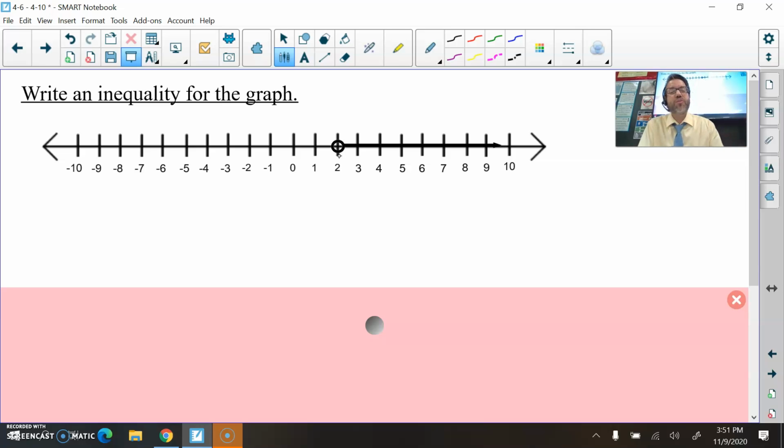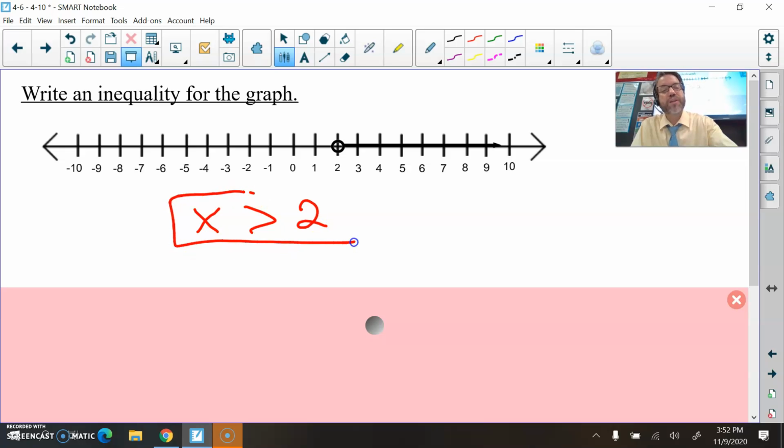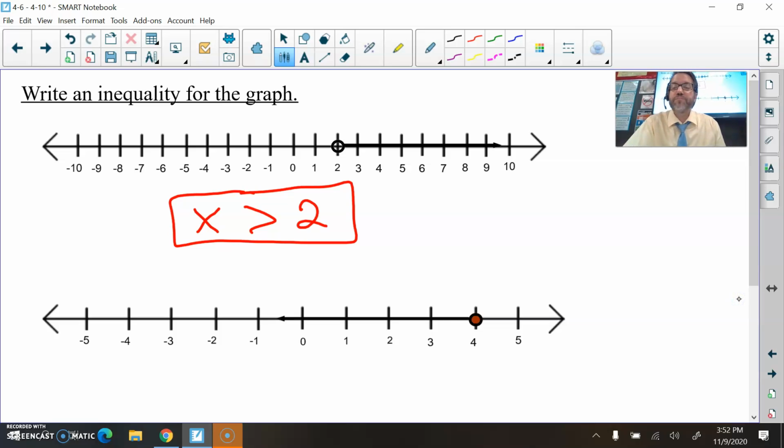Now, I am not told what to use for a variable here, so I get to choose my own variable, and I'm going to go with x because that's, well, my choice. It's kind of a boring choice. And it's everything greater than 2, isn't it? That's what is shown in this graph. X is greater than 2. Notice there is no equal to here because this is an open circle, so 2 is not invited to the party.